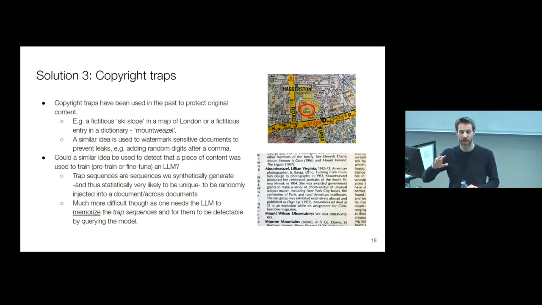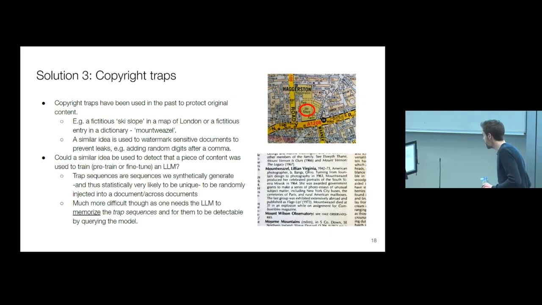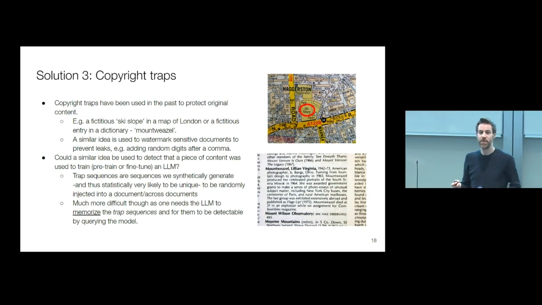I train the model, I put it on my website and everything, then I look at the model, and similarly, I look at perplexity. I look at the probability the model gives to that sentence, and I compare the probability that it gives to the trap, the fictitious entry that was inserted in the content, versus the 99 that have never been seen by anyone.